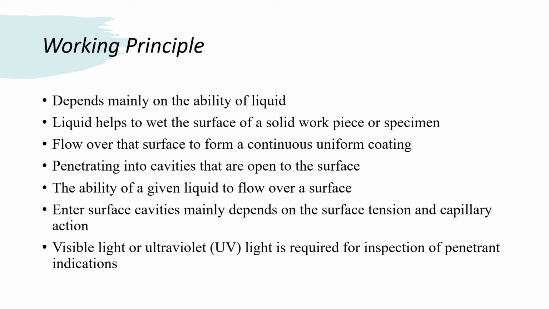Then the inspection is performed in very subdued light. The regions clear of penetrant material will appear black. Due to this effect, the visibility of small indications is greatly enhanced.